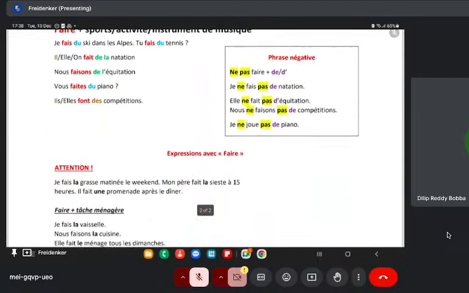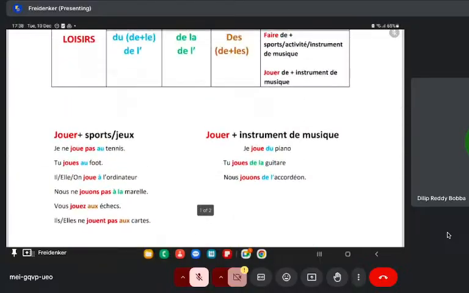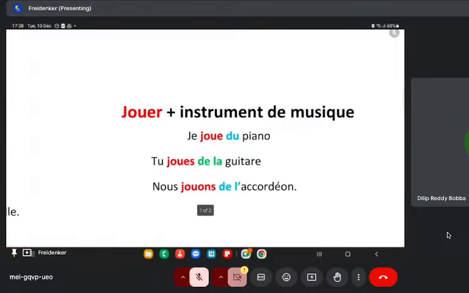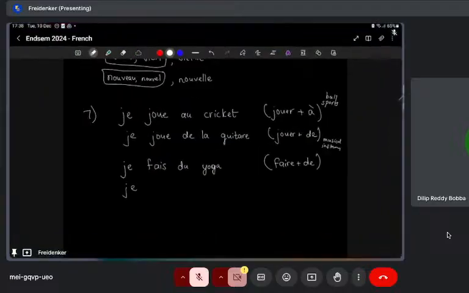They didn't give it. So how the negative is going to affect is, when you write ne and pas, du, de la, and all of this will become de. So let me write that since it's not written there.